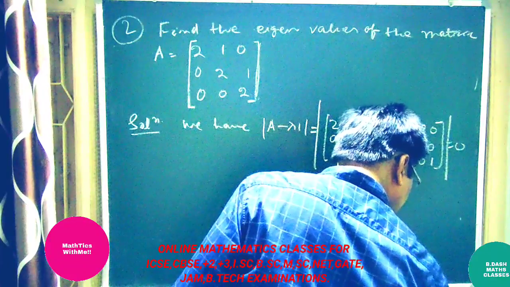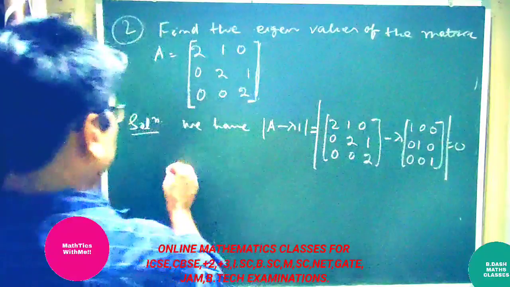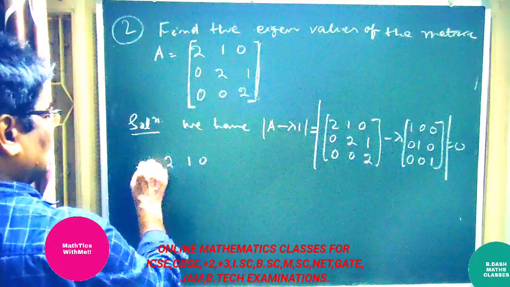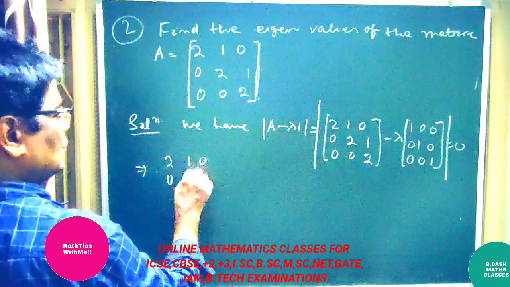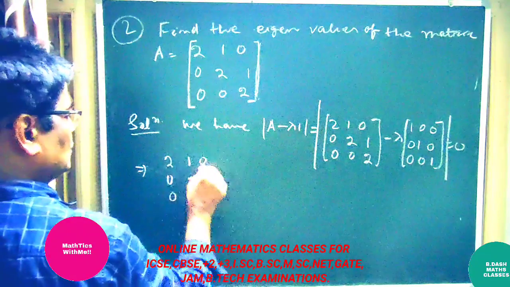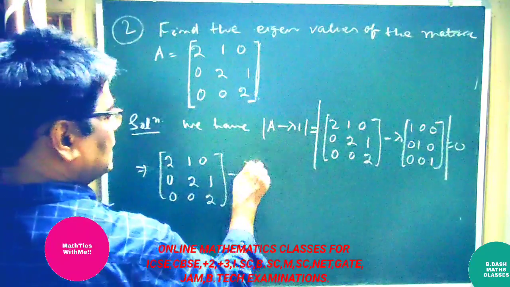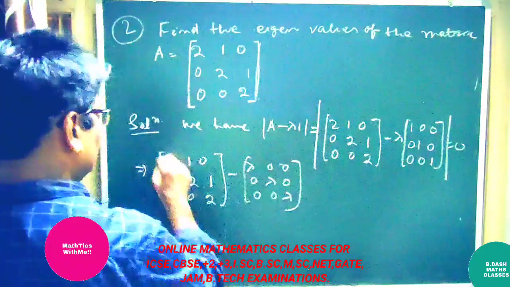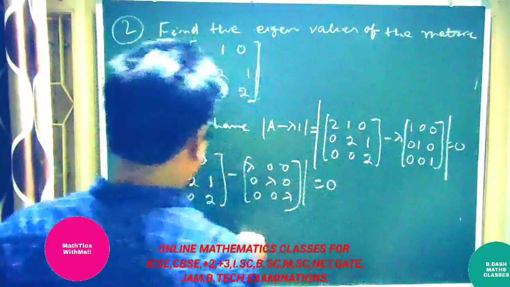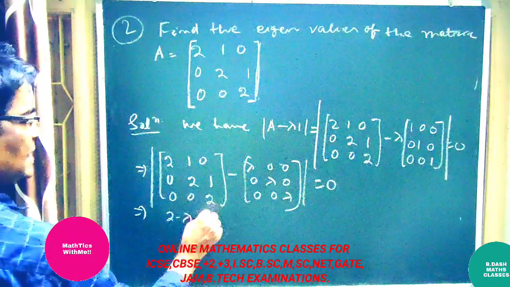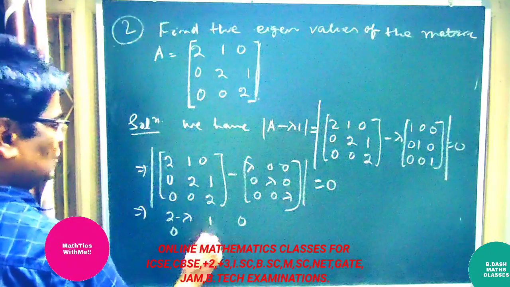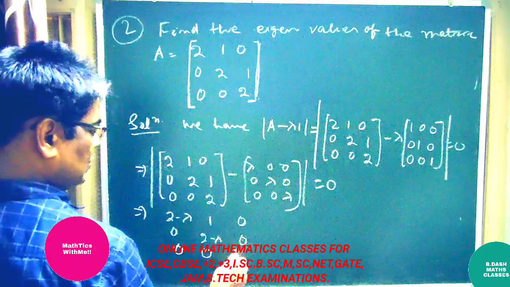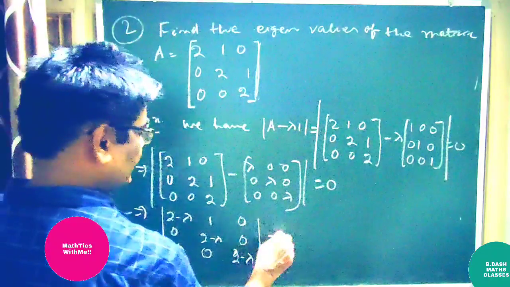So this gives us [2, 1, 0; 0, 2, 1; 0, 0, 2] minus [lambda, 0, 0; 0, lambda, 0; 0, 0, lambda], which implies the determinant of [2 minus lambda, 1, 0; 0, 2 minus lambda, 1; 0, 0, 2 minus lambda] equals 0.